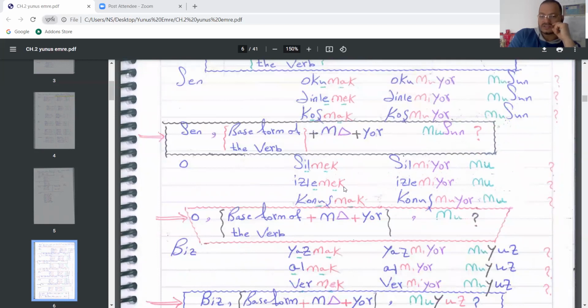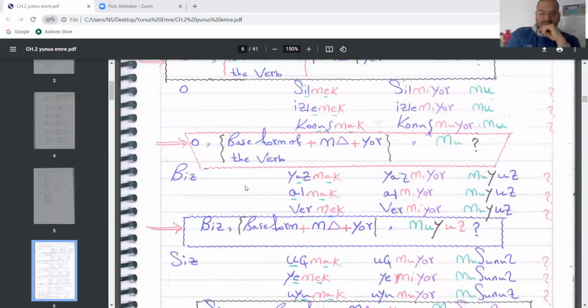Here with O, it's the easier situation. For example, silmek, to be: silmiyor mu? İzlemiyor mu? Konuşmuyor mu? By using this form, with just the vowel, the question particle without anything added. For Biz, we will use this Y again between these two vowel letters: base form plus M delta plus your muyuz.